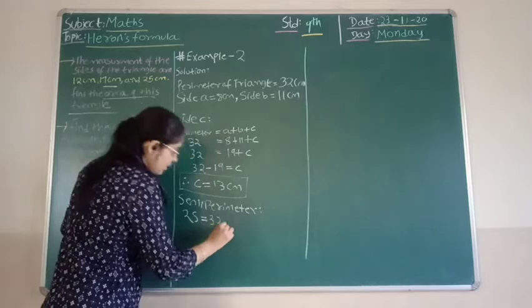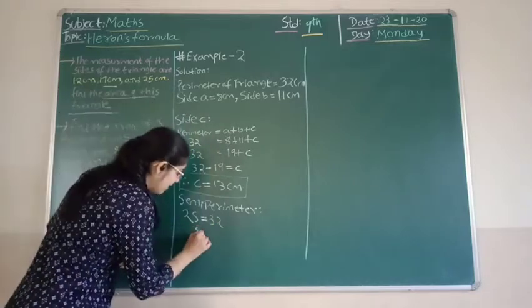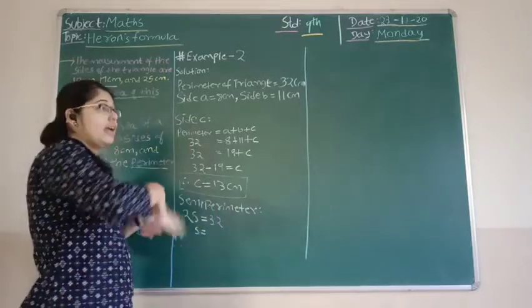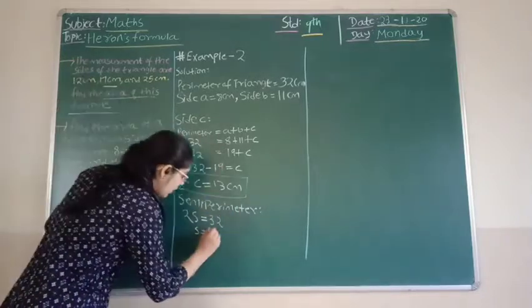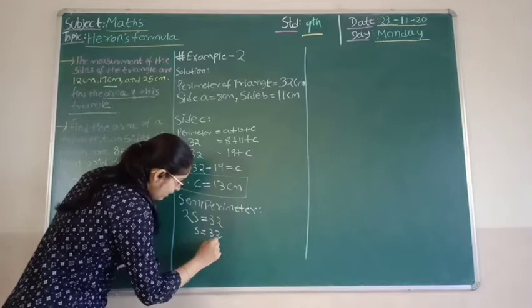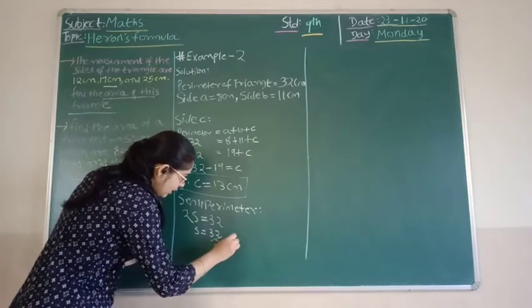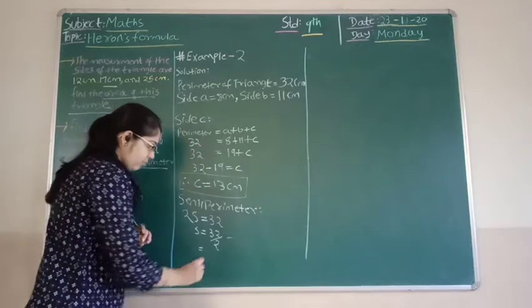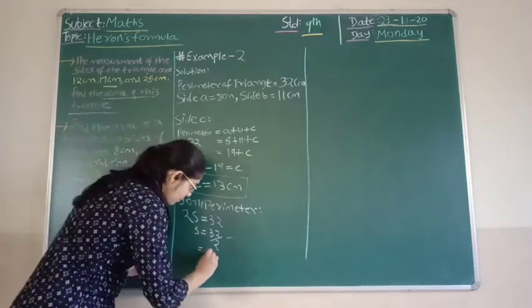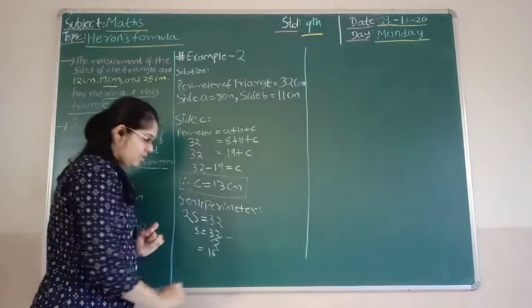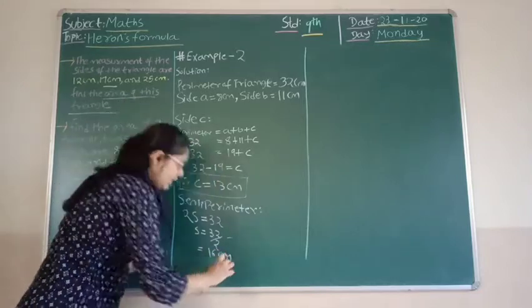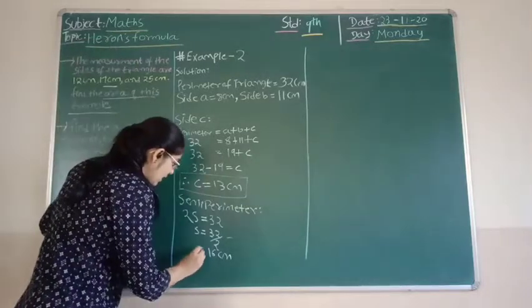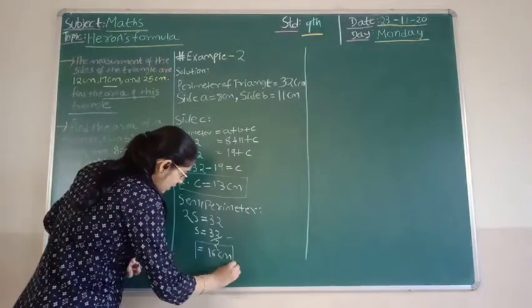I will divide this by 2, because multiplication goes over there and it becomes division. So 32 divided by 2 is equal to 16 centimeter.